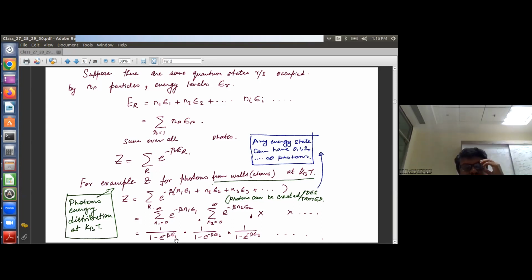So this will be one term, and then 1 upon 1 minus e to the power minus beta epsilon 2, and 1 upon 1 minus e to the power minus beta epsilon 3, and so on and so forth. So this will go on, whatever energy levels are there.